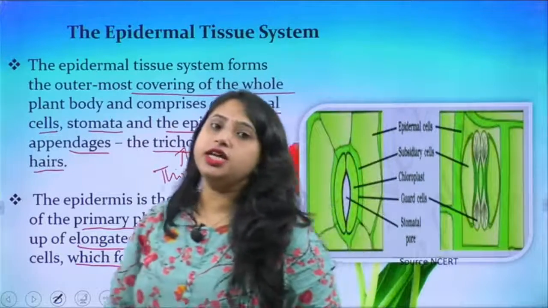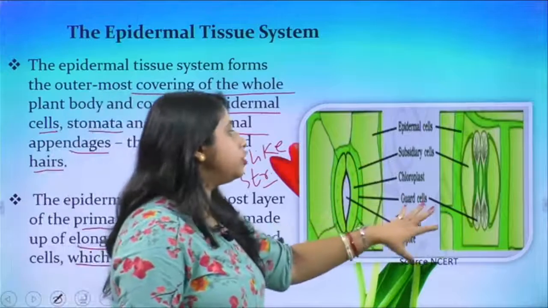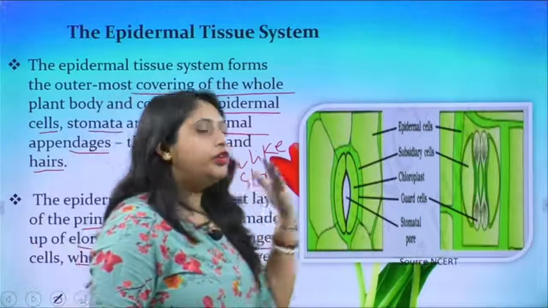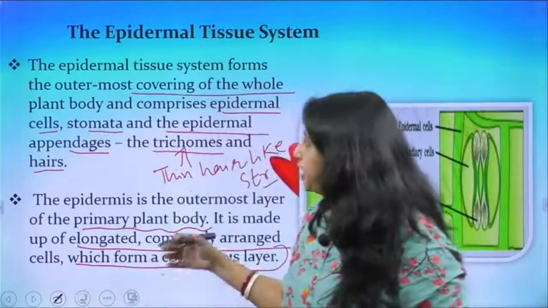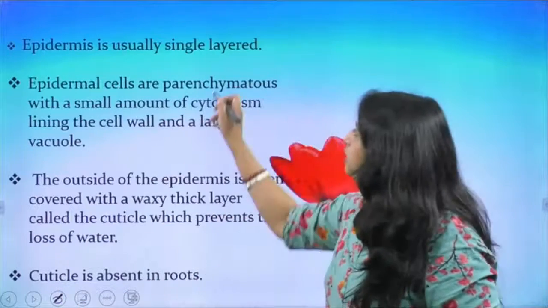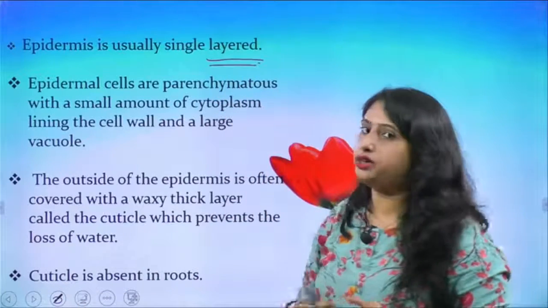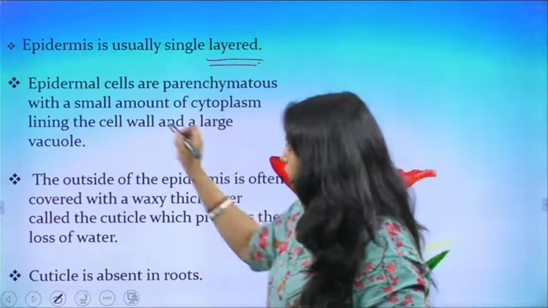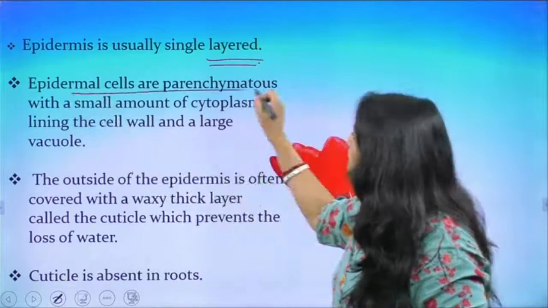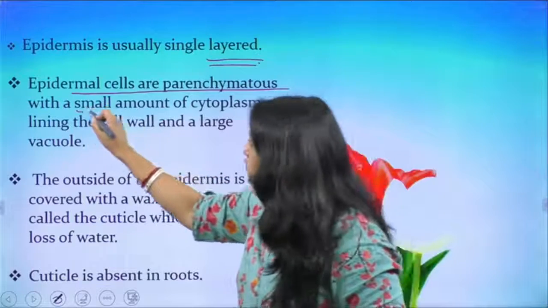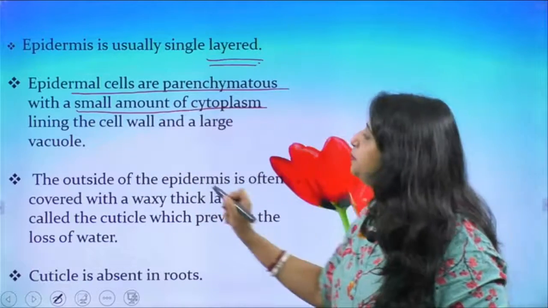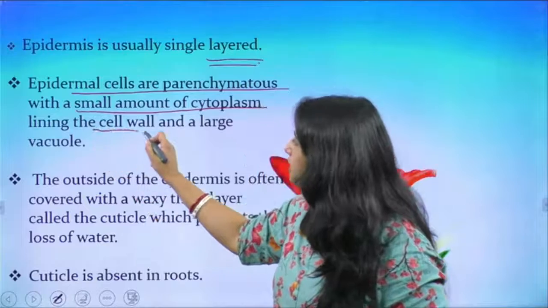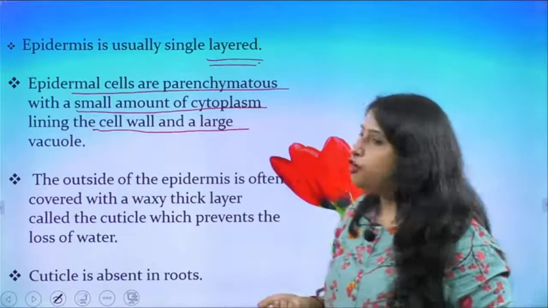As you can see here, this is the picture of the stomata. We will learn about the stomata in detail also. The epidermis is usually a single layer, not a double layer. The epidermal cells are parenchymatous, with a small amount of cytoplasm lining the cell wall and a large vacuole.